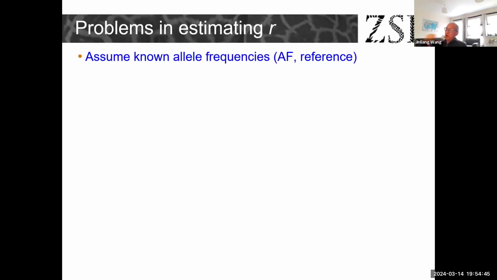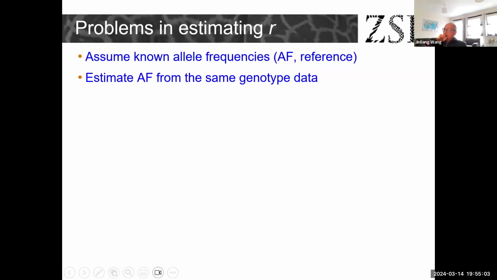You remember in the definition and in the development of the estimators, we always assume allele frequencies are available, and these allele frequencies are used as the reference for calculating relatedness. In reality, these allele frequencies are almost never available.